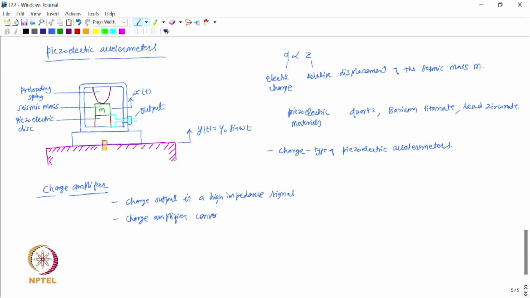So the charge amplifier converts the high impedance signal to a low impedance signal, and then that output can be measured using a voltage measuring device.